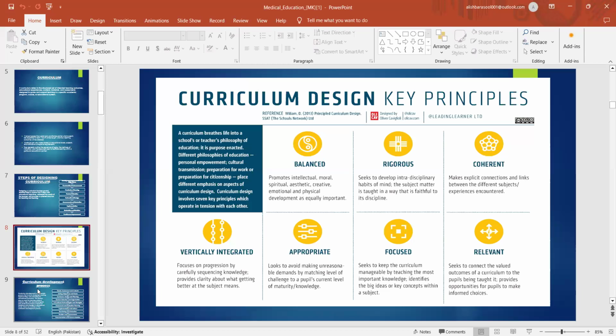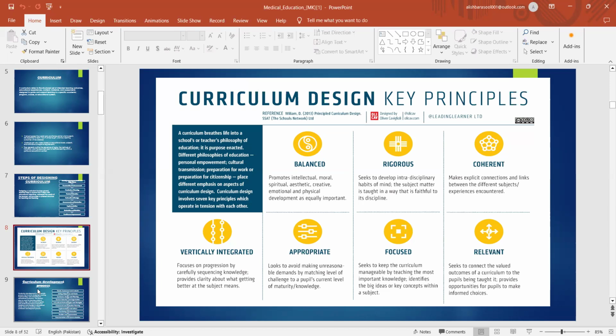Curriculum design key principles. One is balanced, which promotes intellectual, moral, spiritual, aesthetic, creative, emotional, and physical development as equally important. Rigorous seeks to develop interdisciplinary habits of mind. The subject matter is taught in a way that is faithful to its discipline. Coherent makes explicit connections and links between different subjects and experiences encountered.